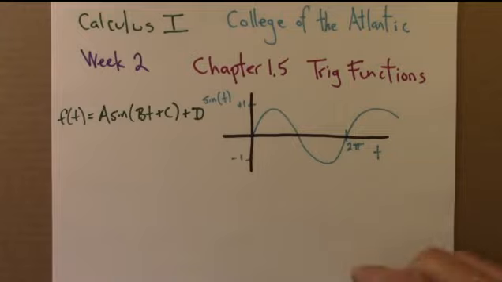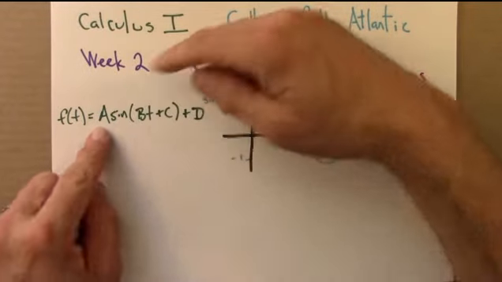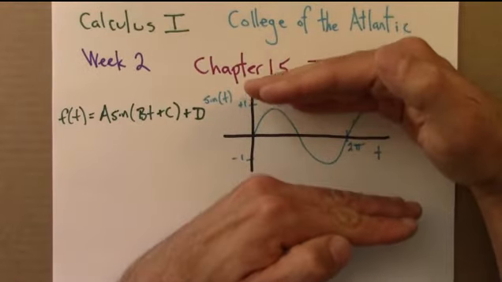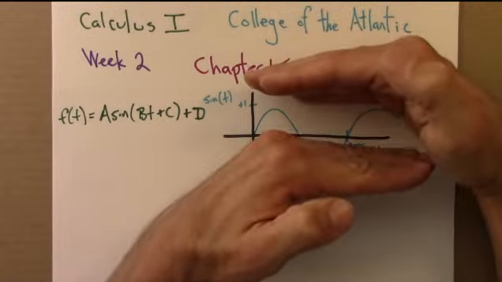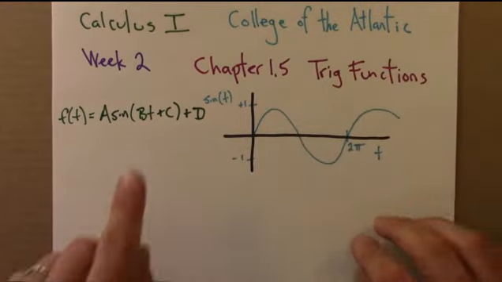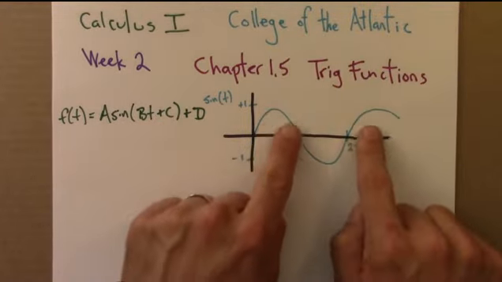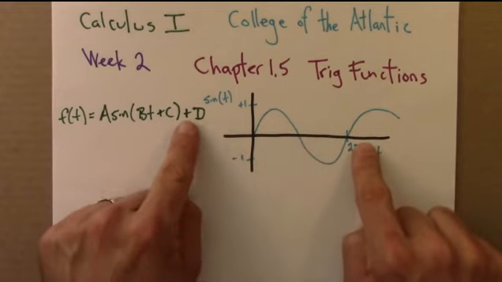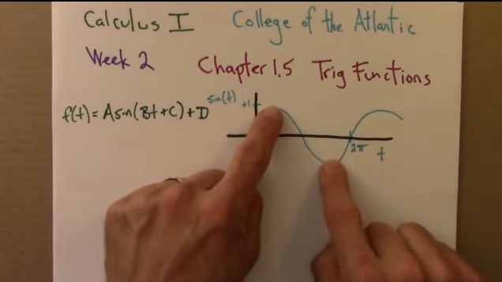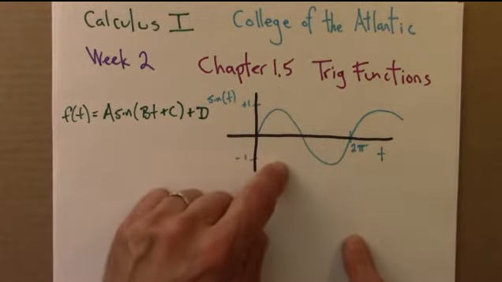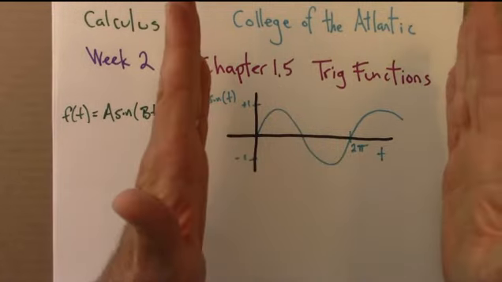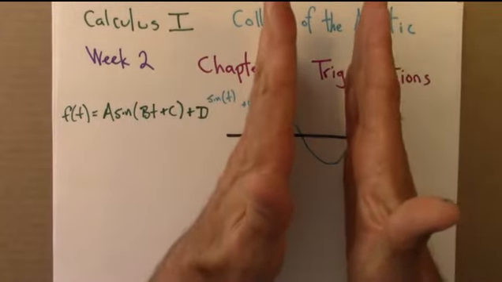So a changes the amplitude. That would stretch this entire function up, or compress it in if a was less than 1. This c would shift the function left or right. D would shift the entire function up or down, and b has the effect of compressing the function or stretching it out.